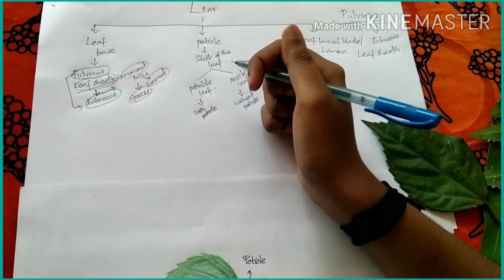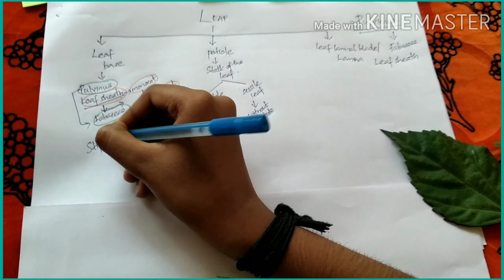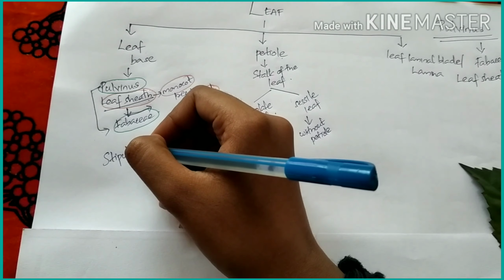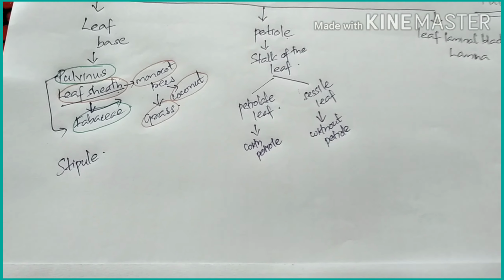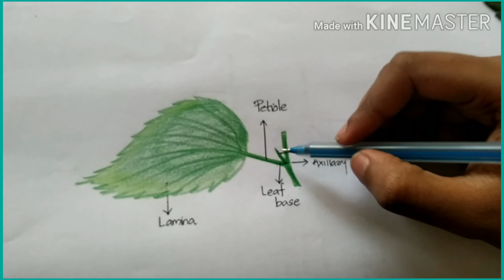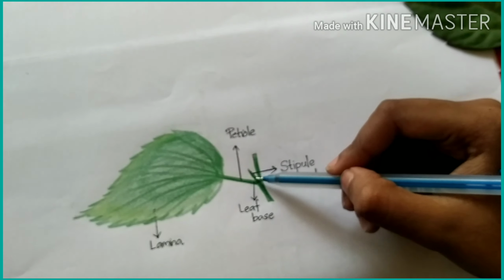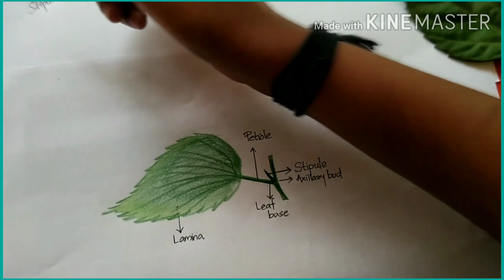Now let's discuss what a stipule is. A stipule is a small outgrowth present at the axil of the leaf base. Here also there are two classifications.